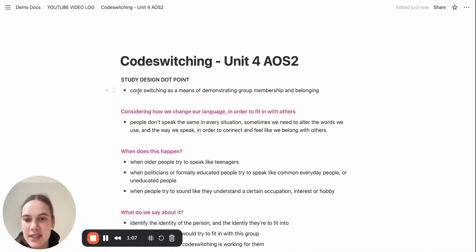So just covering the study design dot point, code switching as a means of demonstrating group membership or in-group membership and belonging. Code switching essentially is when we change our language in order to fit in with others, generally changing our language from one version to another.